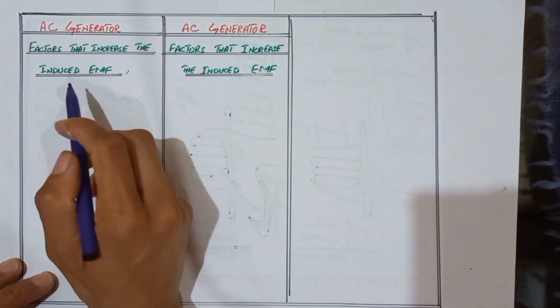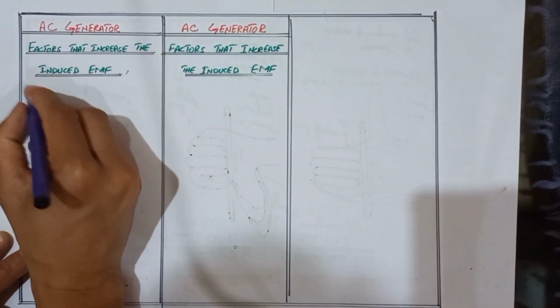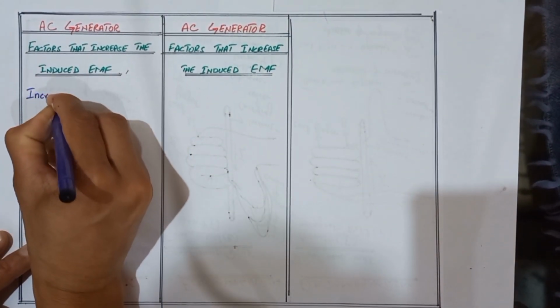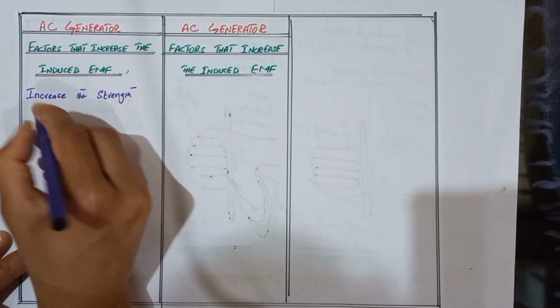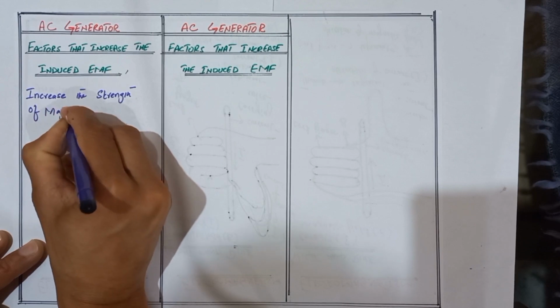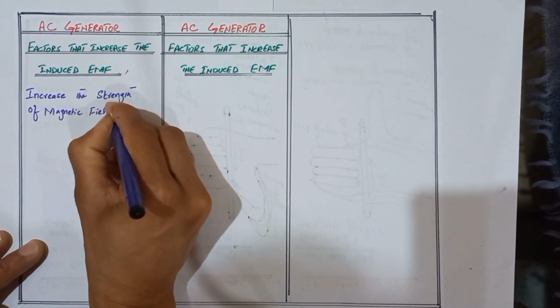The second factor by which we can increase the induced EMF in an AC generator is to increase the strength of the magnetic field.